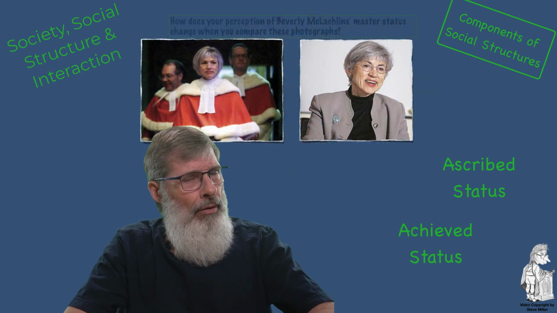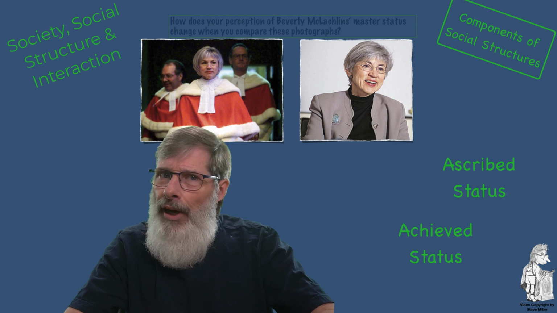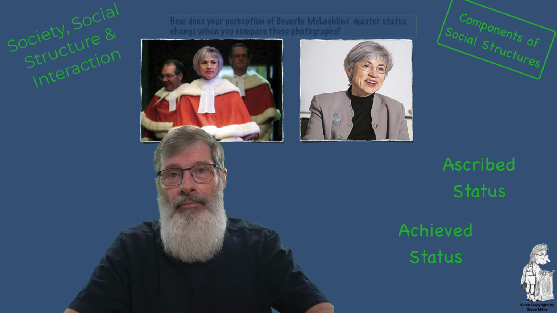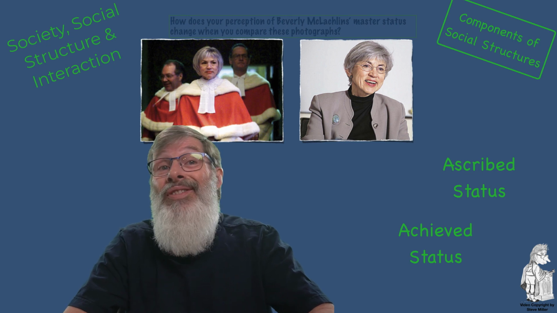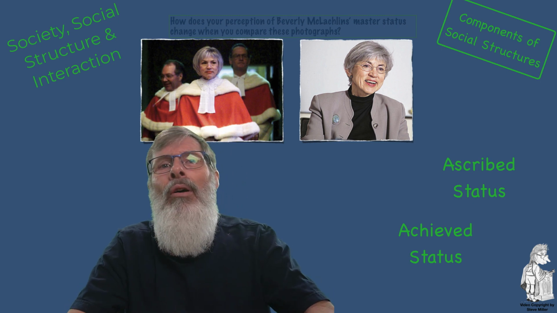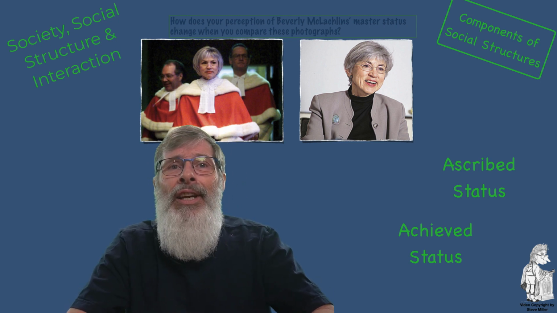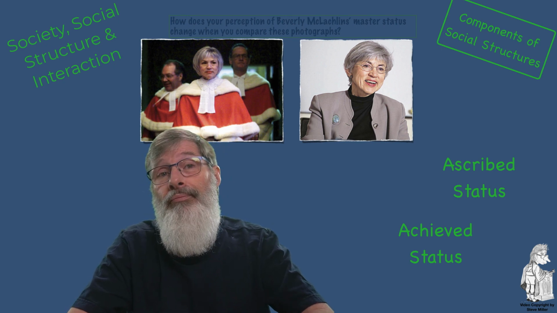Now, in addition to achieved and ascribed status, there is what's known as a master status, a term used to describe a person's most important status that a person occupies. It dominates all the individual's other statuses and is the overriding ingredient determining a person's general social position.